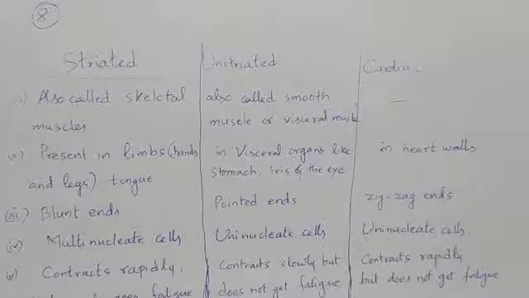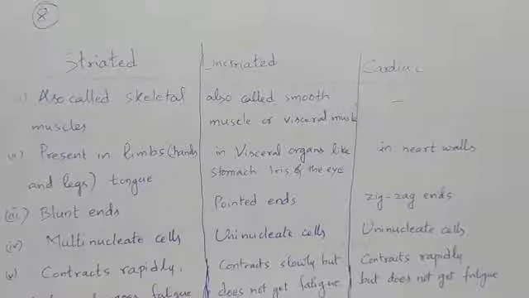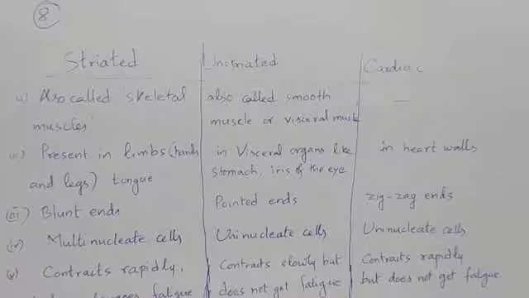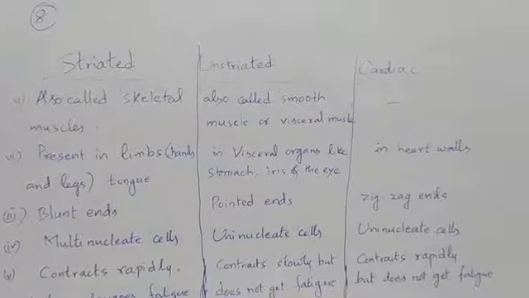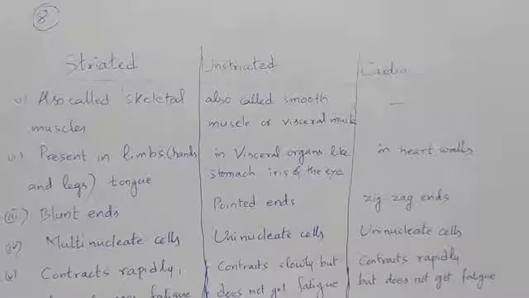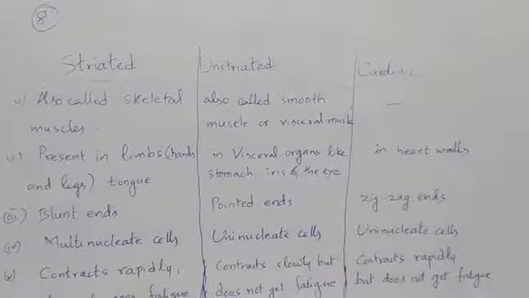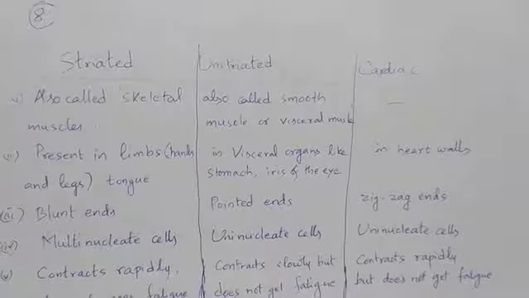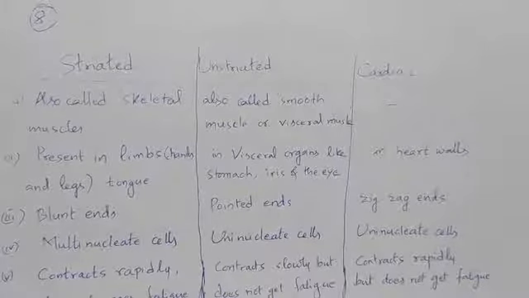Individual cells of the striated muscles have blunt ends, whereas the individual cells of the unstriated or smooth muscles have pointed ends. And cardiac muscle cells have zigzag ends.